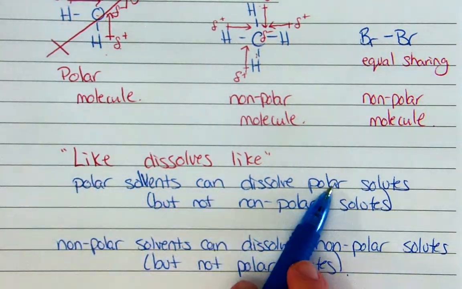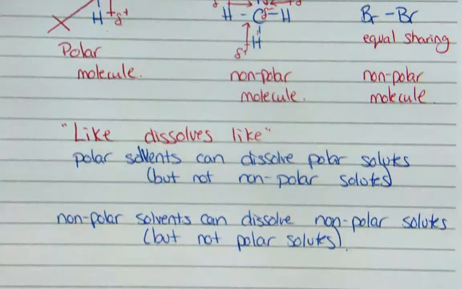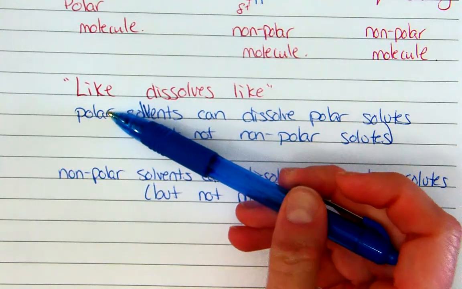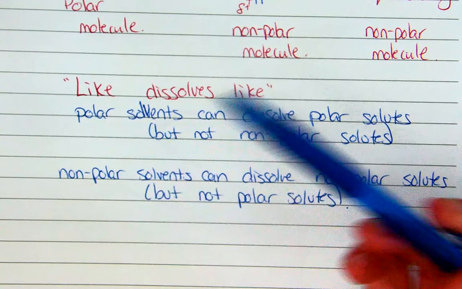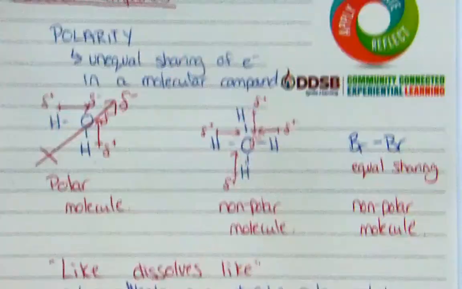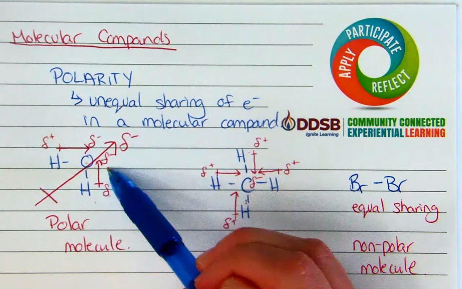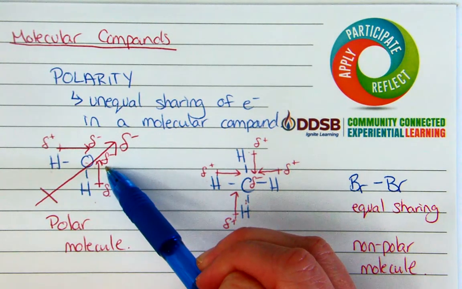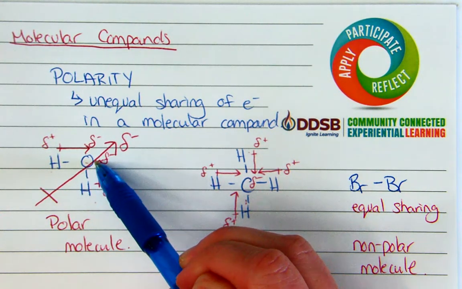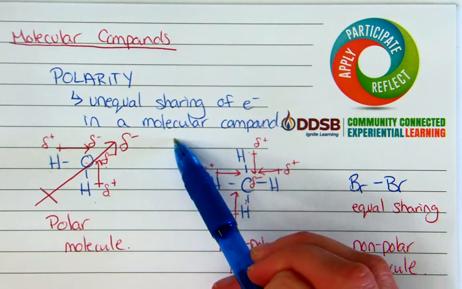So polar dissolves polar, nonpolar dissolves nonpolar, like dissolves like. This is why if we mix oil and water, water is polar, oil is nonpolar. That's why they don't mix together. Okay? And what happens is in our polar molecules, these dipoles interact with each other to dissolve and surround. So my slightly negative area of water here, if I had another polar molecule, it would interact with that.